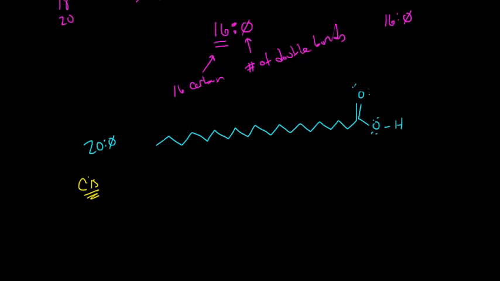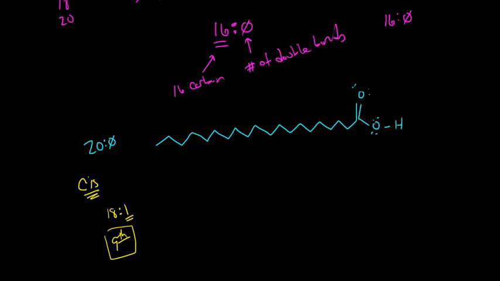So let's go ahead and try drawing one of these. It's going to be an 18:1. And this 1 tells us there's one double bond in the fatty acid chain. I'm going to put this at the 9th carbon, and we'll talk about how we can imply this once we draw the structure.